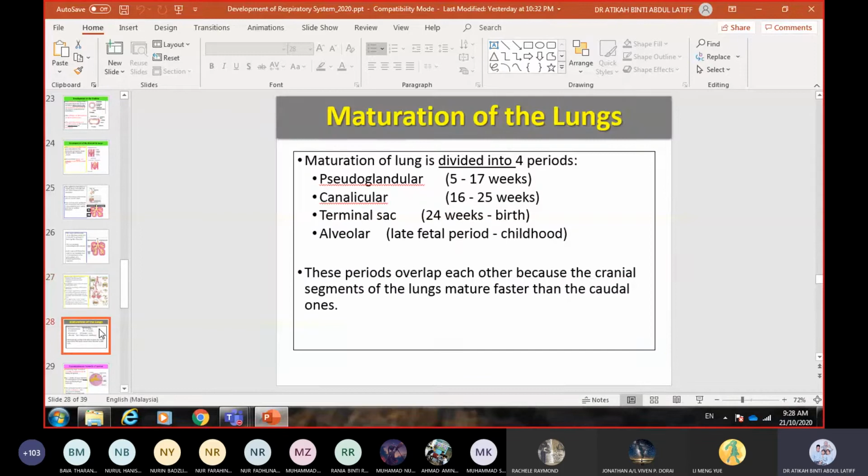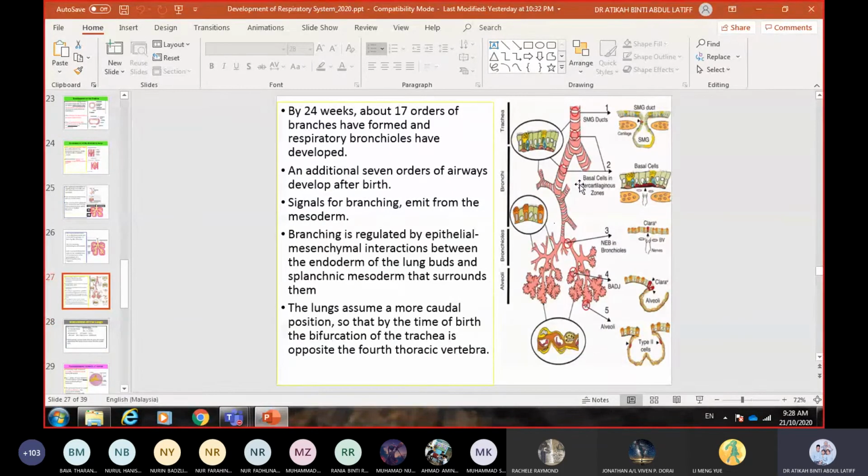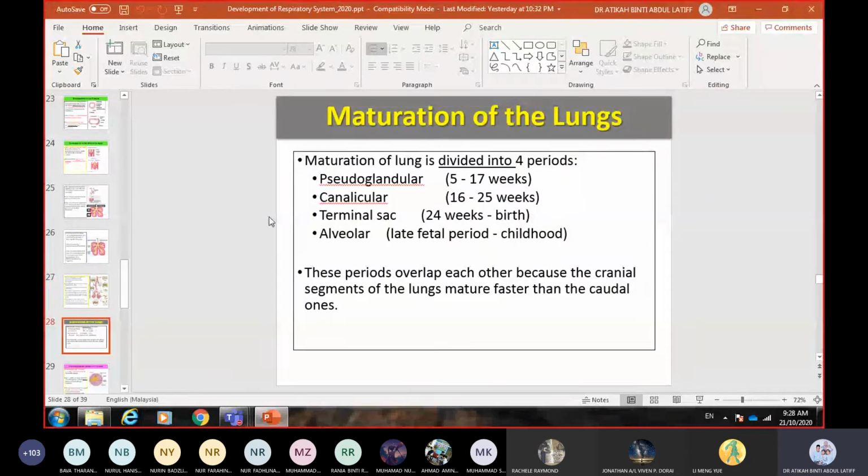Okay, so just a bit on maturation of the lungs. How they form is just by more branching and branching. Okay, so how do they mature into functional lungs? There are 4 periods or 4 stages. From 5 to 17 weeks, the stage is called pseudoglandular because the appearance is like a gland.